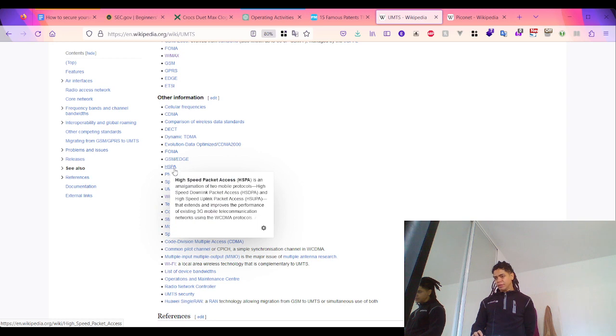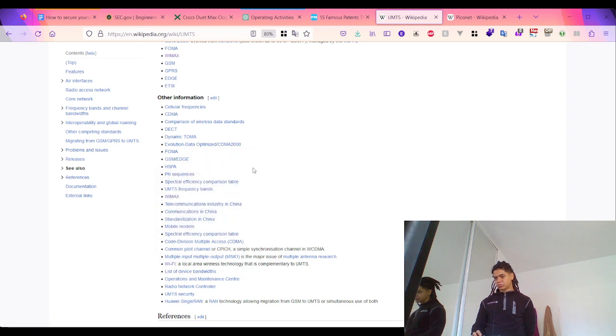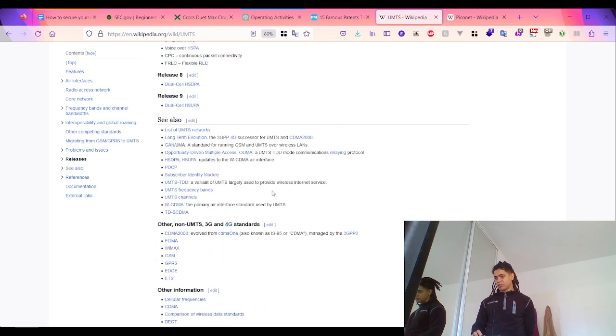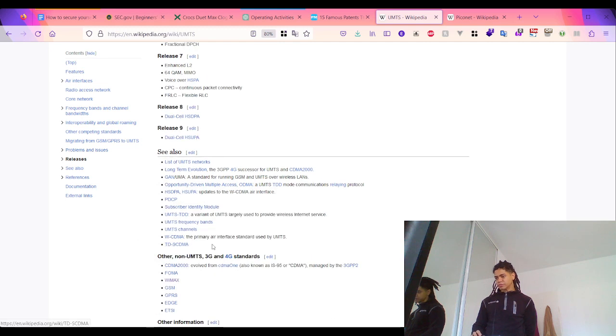High speed packet access. Okay, but this is for mobile communication. Okay, and non-UMTS 3G and 4G standards. So they have to fall back to this.